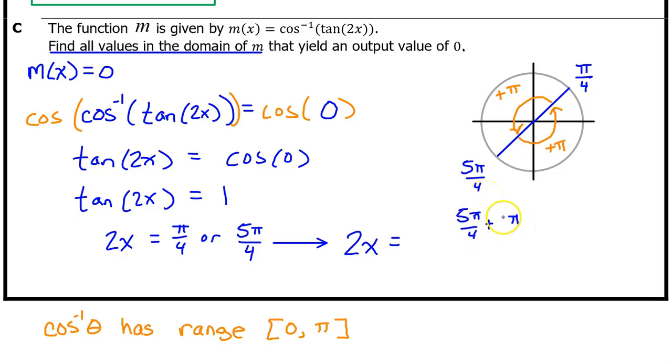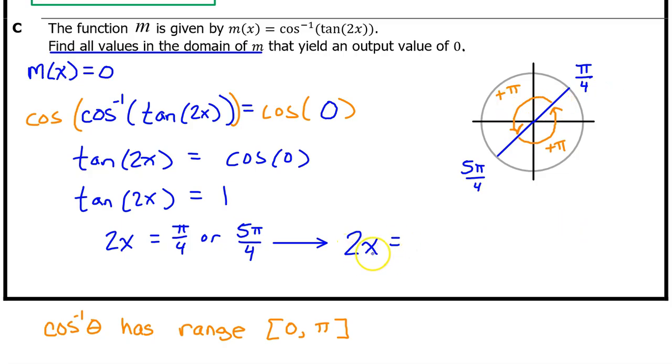As I'm adding pi, I'm going to think of it as 4 pi over 4. So that would be 9 pi over 4. So if I went all the way around and back, this would now be called 9 pi over 4. But if I add pi again, I'm going to get another solution. If I add pi again, I'm going to get another and another and another.